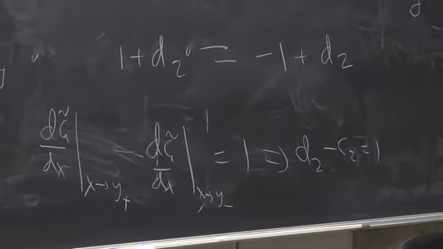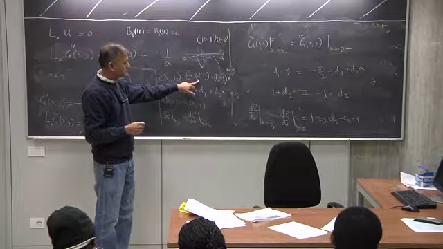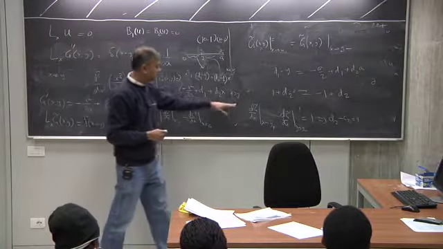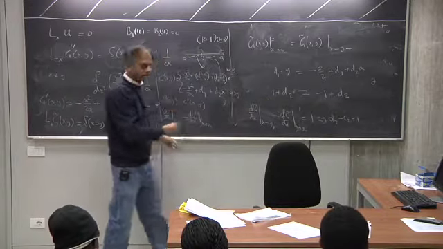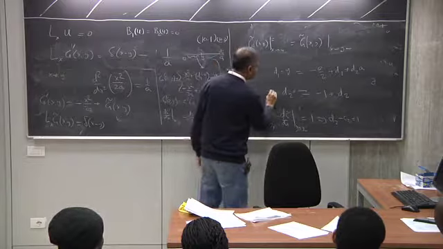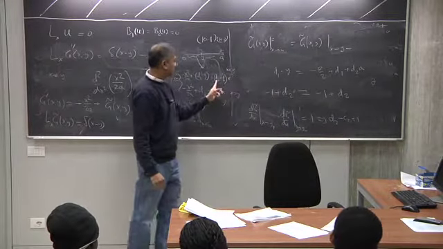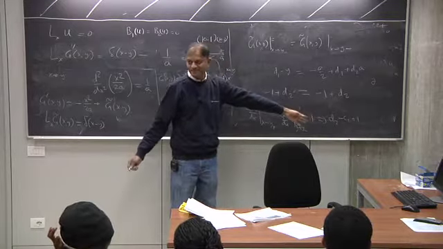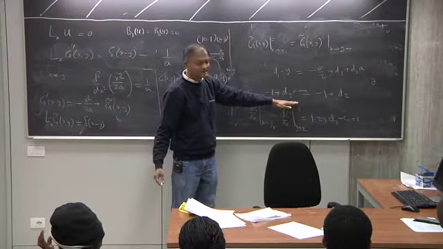I hope there was no mistake there. But that was just a continuity condition, so it doesn't matter which way. I think this was probably correct. So d2 minus 1 equal to d2 minus 1 is an identity; this doesn't give you anything. The second equation doesn't give you anything.